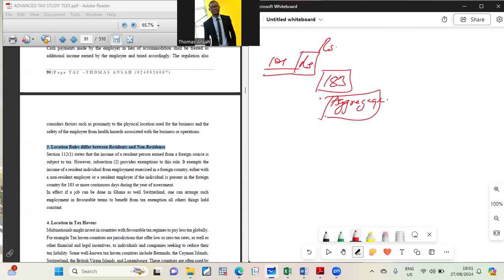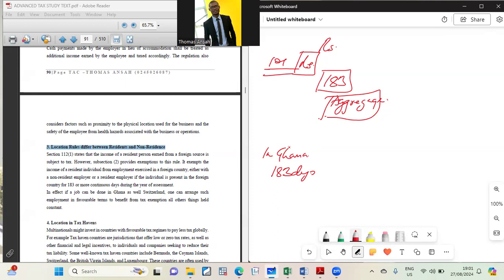However, there is an exemption. In the first place, I said that if you're a resident, so let's say I'm a resident in Ghana, and resident means that probably I've stayed in Ghana for 183 aggregate days, starting and ending in a year of assessment.